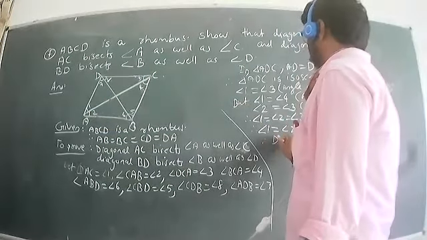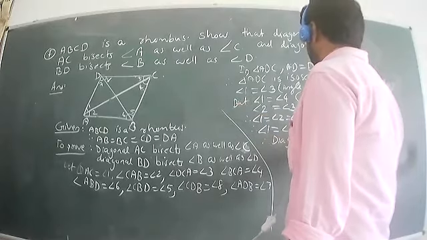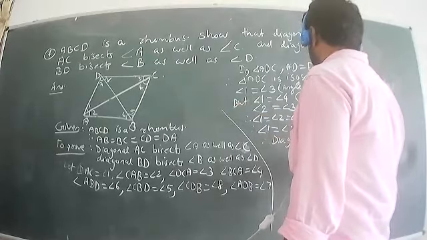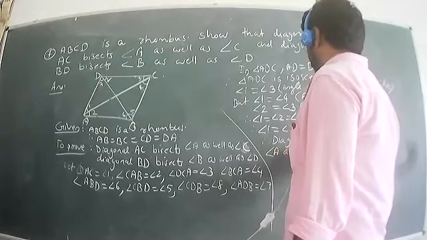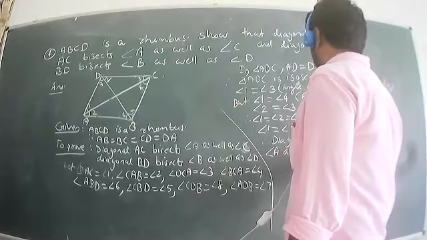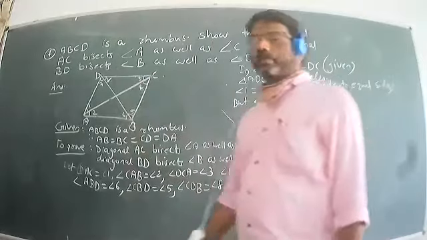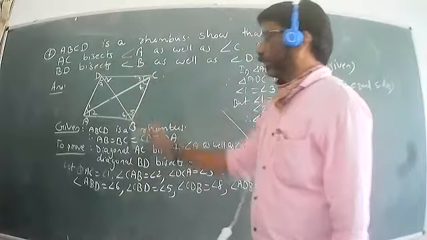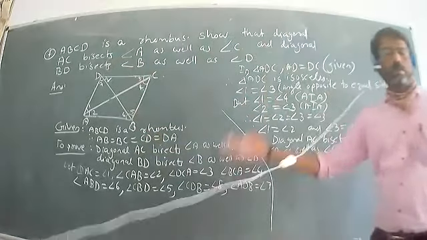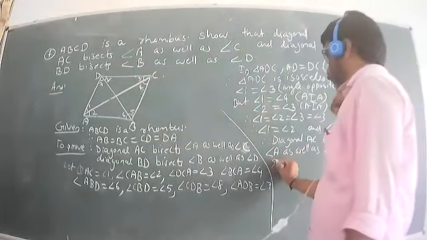Therefore, diagonal AC bisects angle A as well as angle C. For BD also, you can prove that angle 7 and angle 8 are equal, angle 6 and angle 5 are equal in the same manner. So no need of proving all this, only you have to write similarly.